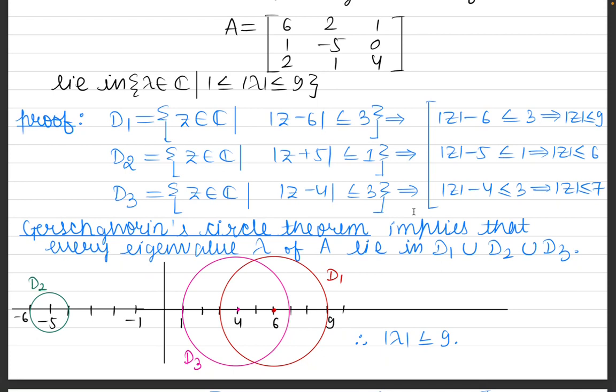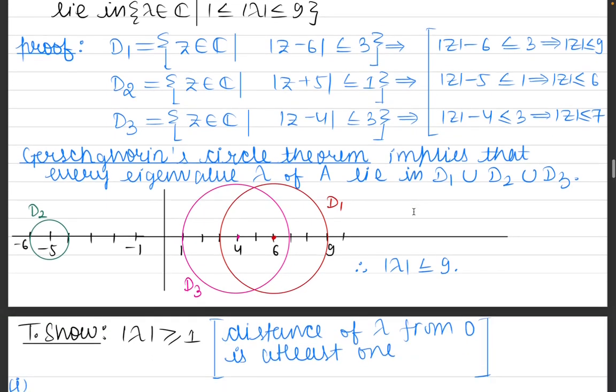It looks like an ellipse, no? So this is D1.